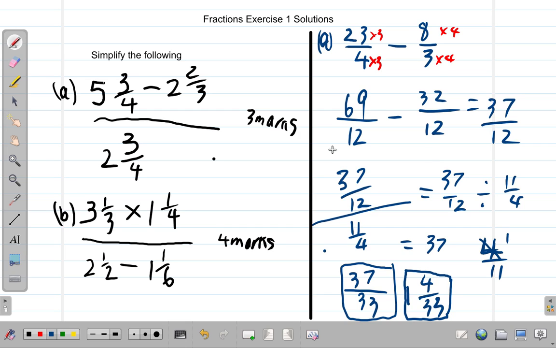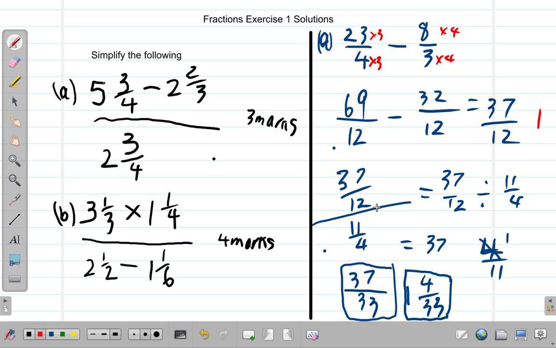So what you can do is, having multiplied out and rewritten it in this form, you give yourself 1 mark if you did that. After you simplify the top, change the bottom part to 11 quarters.